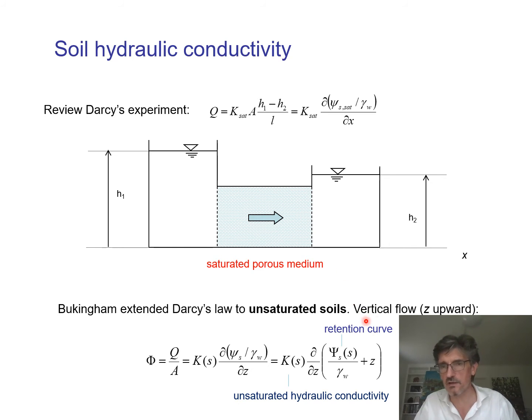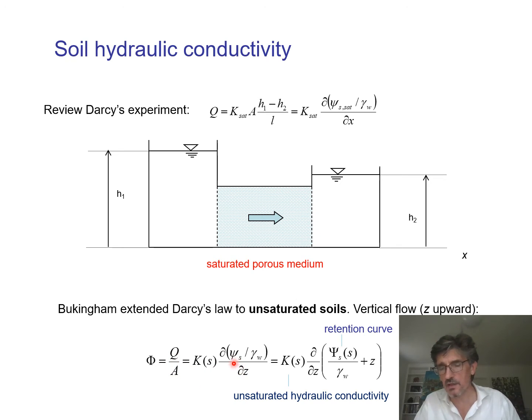So for a vertical flow, let's say that z is now a variable that points upward, the flux, meaning the discharge divided by area, Q divided by A, is now K of s, the unsaturated hydraulic conductivity, times the gradient, like before, of the soil water potential psi s, still divided by gamma W to get a length over a length and something that is just length over time, like this.